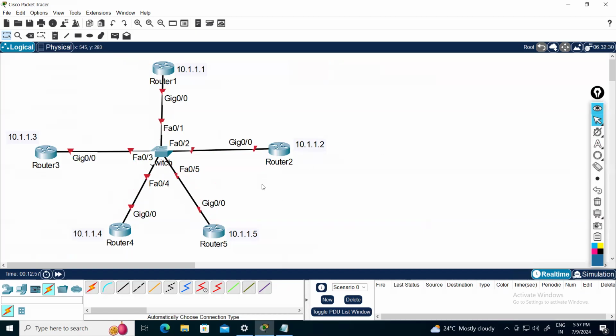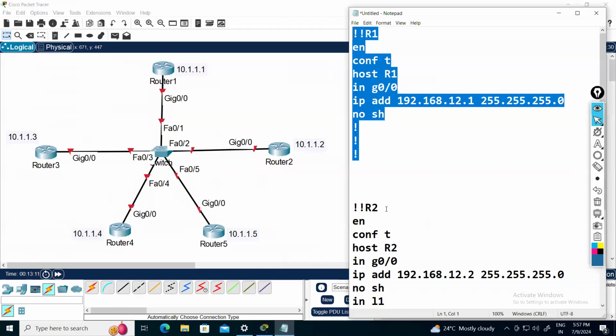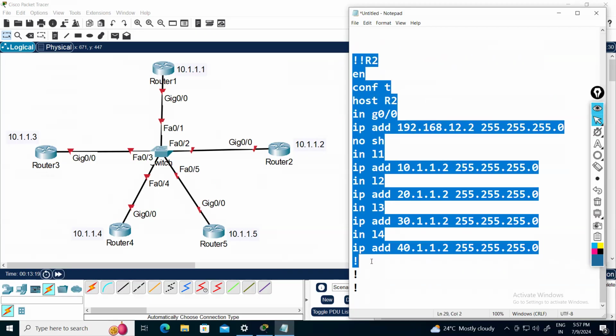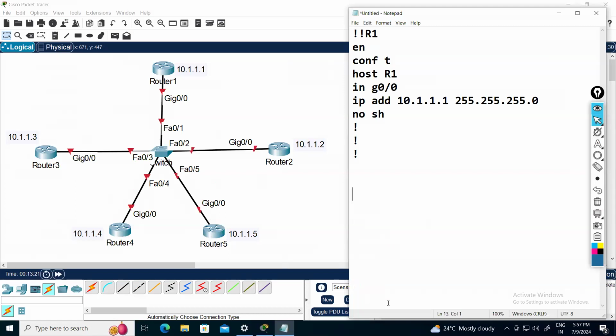So now let's go and configure. According to our calculations, R5 should become the DR and R4 should become the BDR. Let's see this practically. I'll go to Notepad and configure directly here.